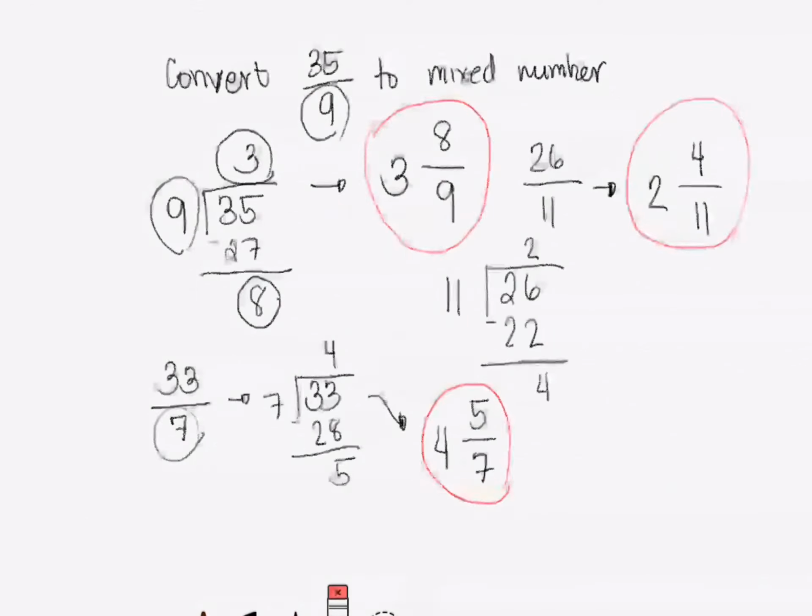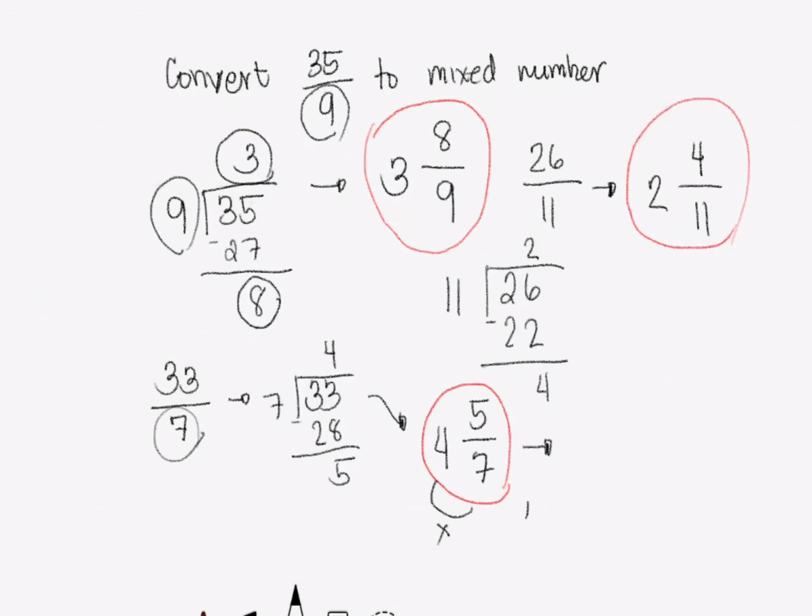So, since we know now how to convert a mixed number to improper fraction, pwede nating i-check kung magpapareho ba yung nakuha nating mixed number sa original improper fraction. So, let's try to convert again our answer for 4 and 5/7 into improper. So the process is, let's multiply 7 by 4.